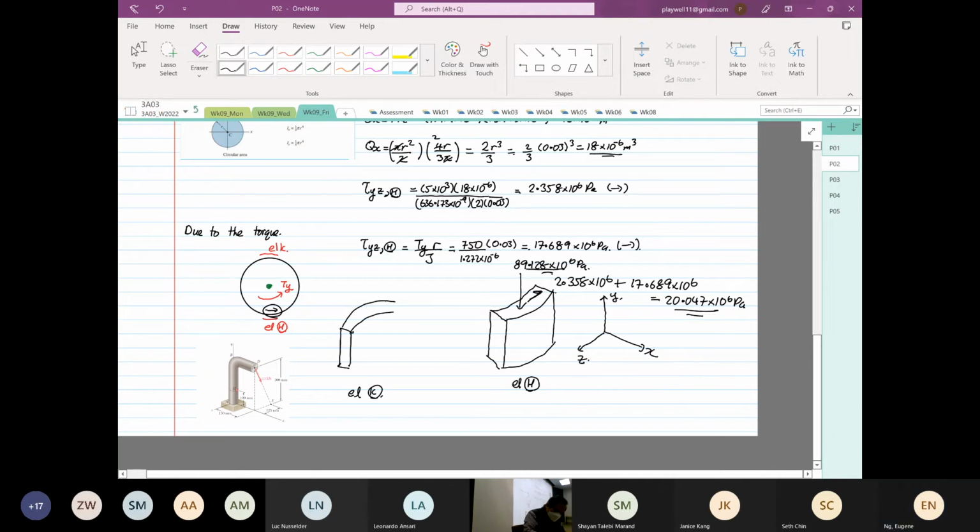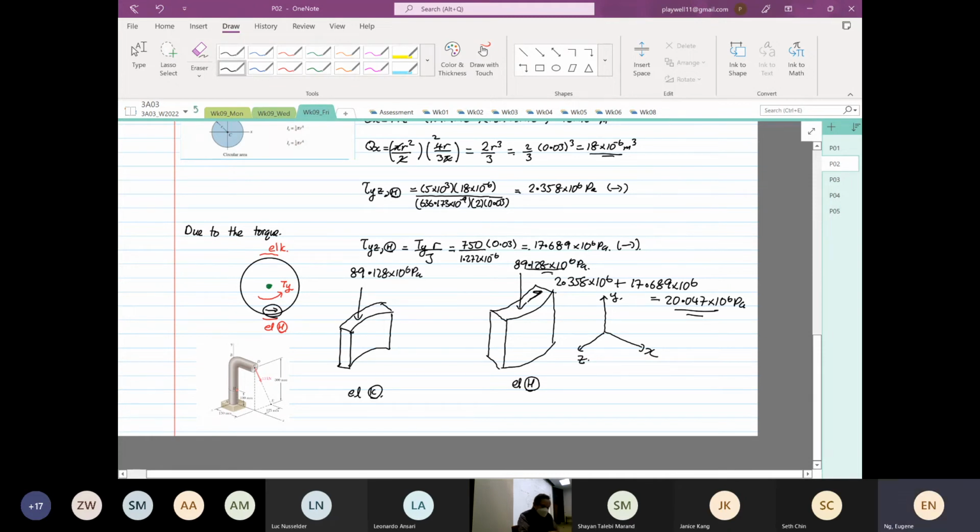Right. We still see the normal stress of 89.128 times 10 to the power 6 Pascal.